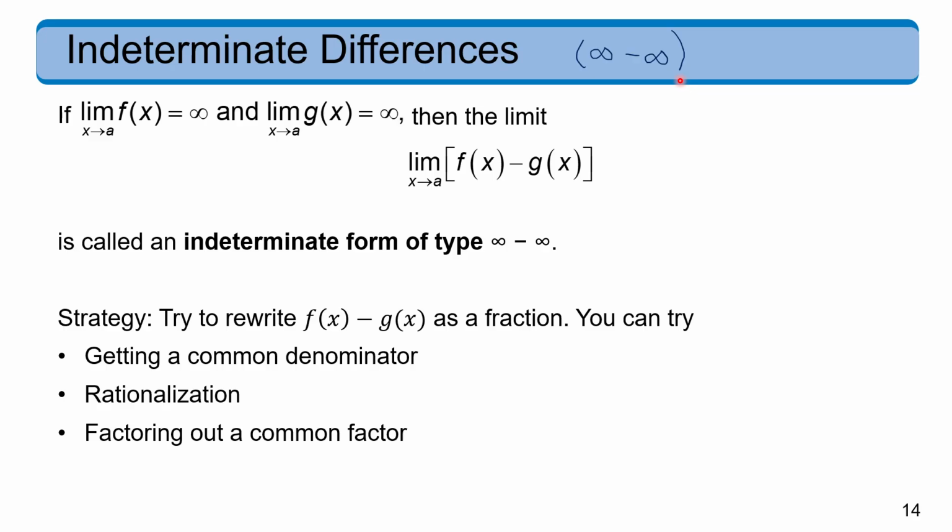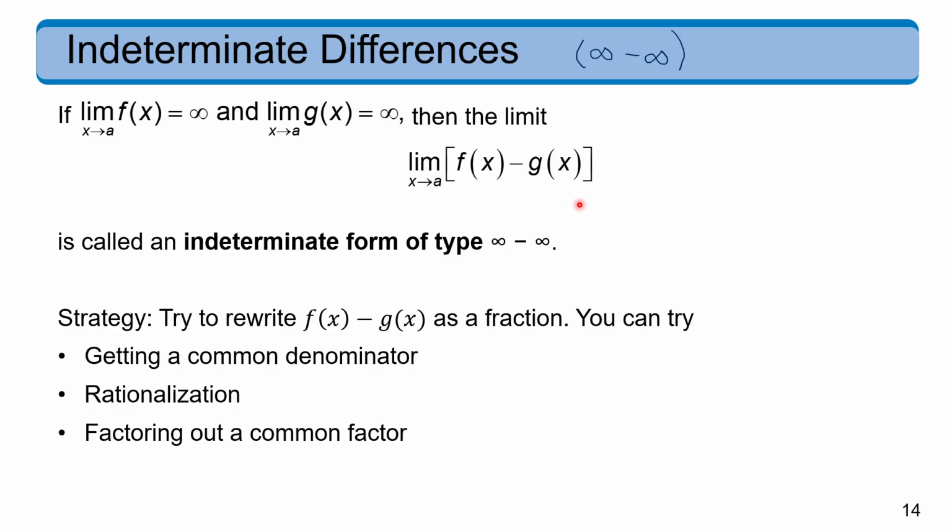So one of them might win out or they might balance. So basically you would be taking a limit of this type where you have a difference f minus g, and f and g are both approaching infinity, but the minus sign means we have the form infinity minus infinity. So the form alone is not sufficient to tell you what this limit is.